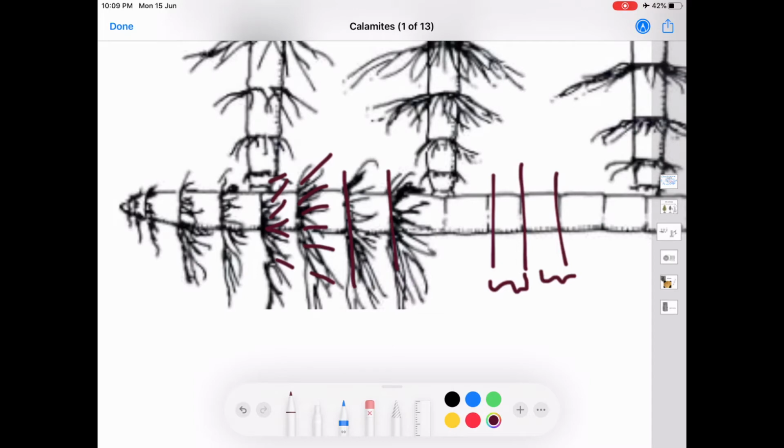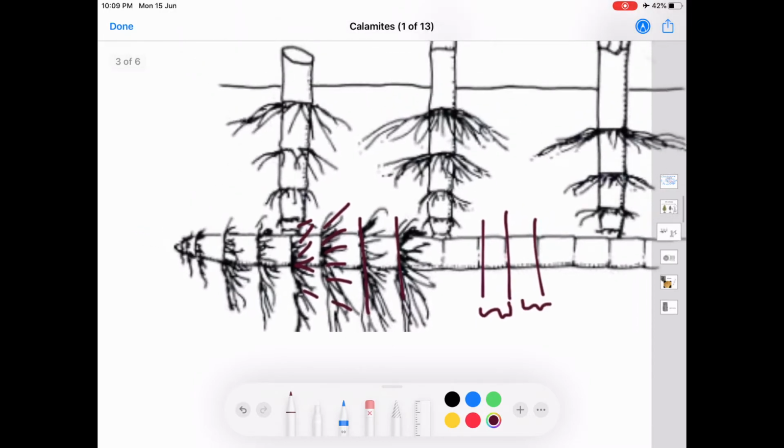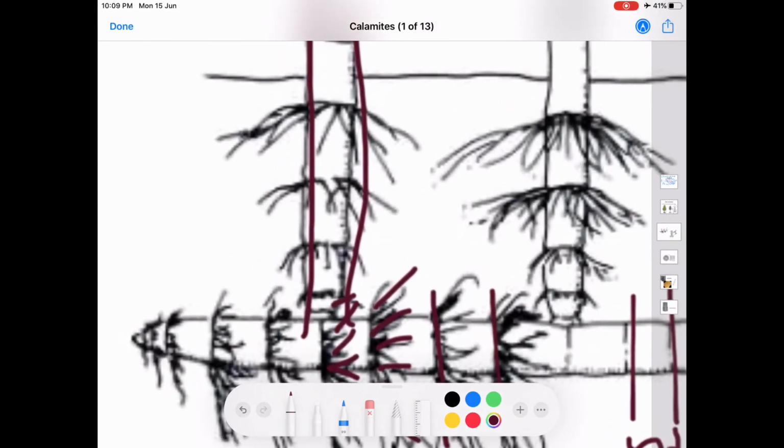The aerial shoot is arising from the upper surface of the rhizome. Here you can see the aerial shoots. At a certain distance, these aerial shoots also produce adventitious roots, and it indicates that some portion of the aerial shoot grows under the soil surface.